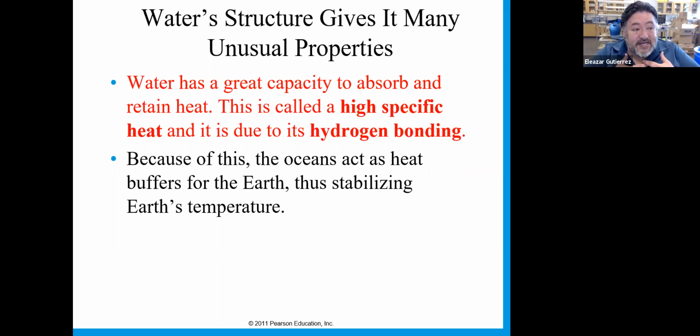Without the specific heat capacity of water, we would not exist. Why? Because the byproduct of every chemical reaction is heat. And like I just finished telling you, at the end of the day, these machines that we have, these bodies, consist of trillions of chemical reactions. Trillions.